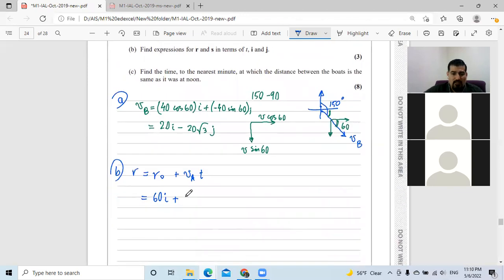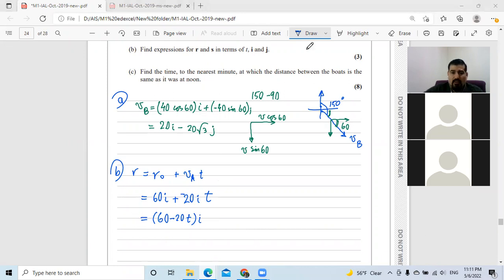So it will be plus negative 20, negative due to the west, i multiplied by t. By rearranging this one, it will be 60 minus 20t, all multiplied by i.